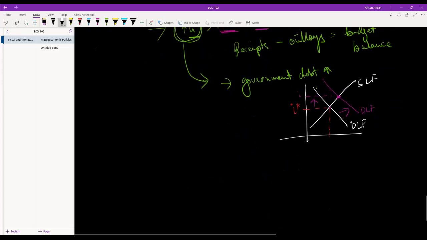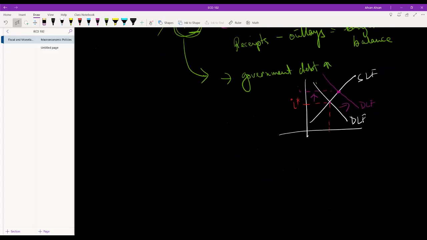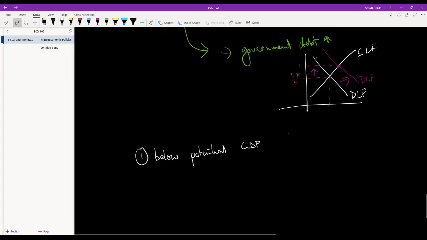Okay, so what the government has noticed is that the economy is operating below potential GDP. You all know what potential GDP is from previous chapters.